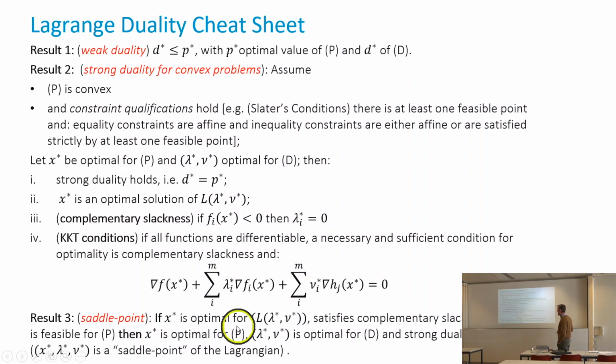Of course, if you take any lambda and u, that will not work. But if you find lambda and u such that the point that you obtain, x star, satisfies the constraint, so x star is found as an optimal solution of the problem where I've removed the constraint.